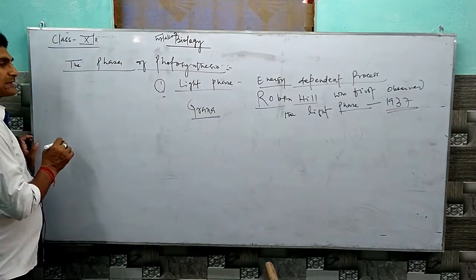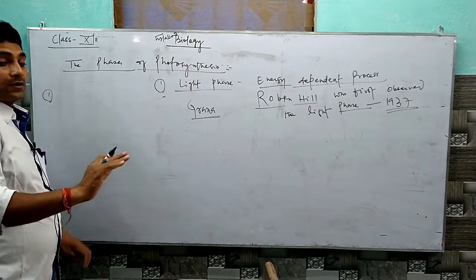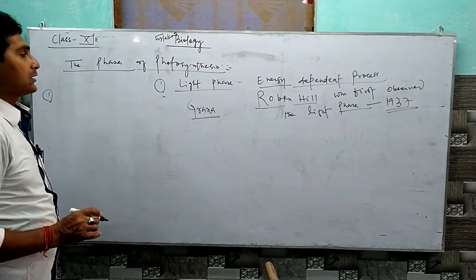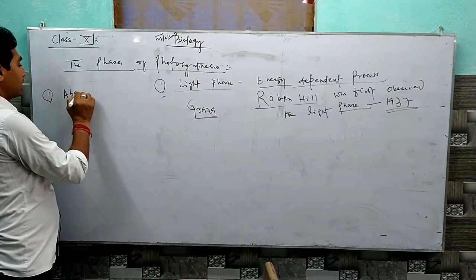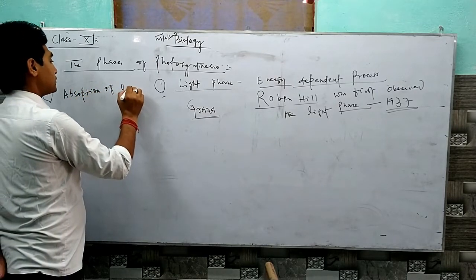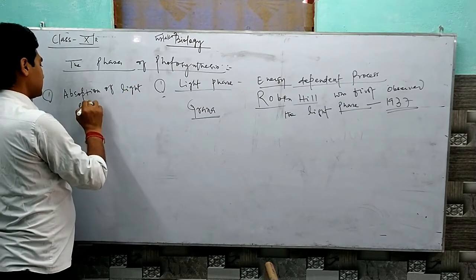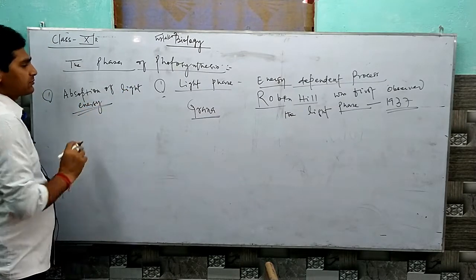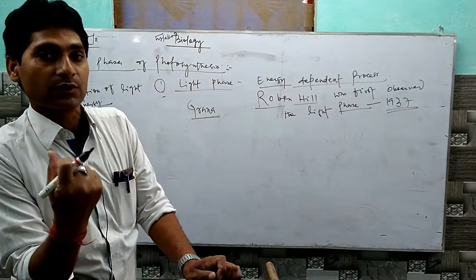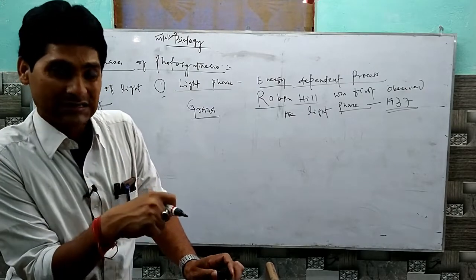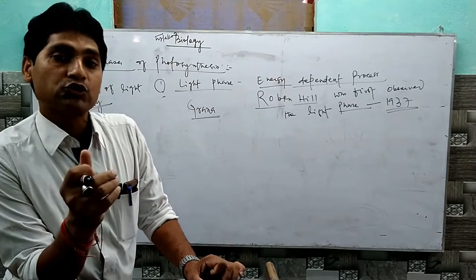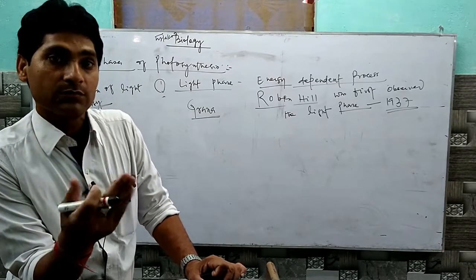Light phase involves the following steps. Light phase completes in different steps. First is the absorption of light energy. In this step, solar energy is trapped by the chlorophyll molecule present in the mesophyll chloroplast, and after the absorption of light energy, the molecules of chlorophyll get excited to form ions.